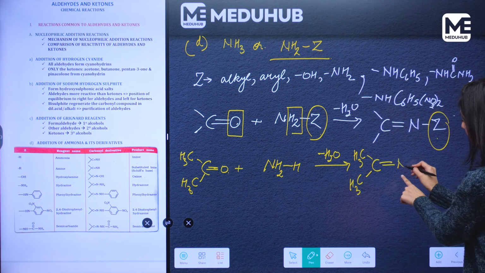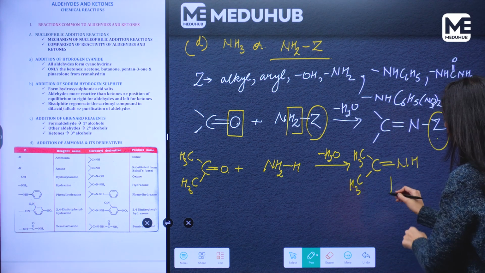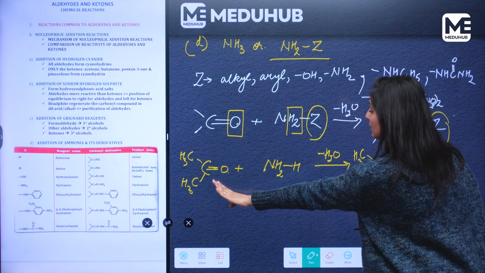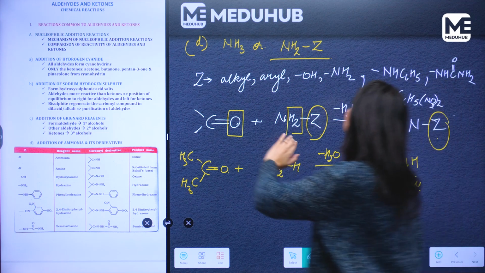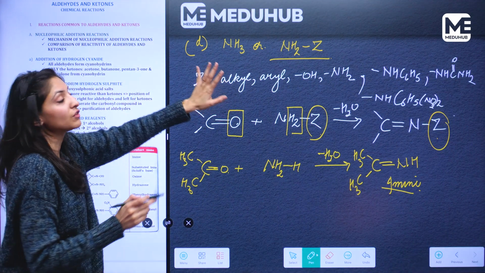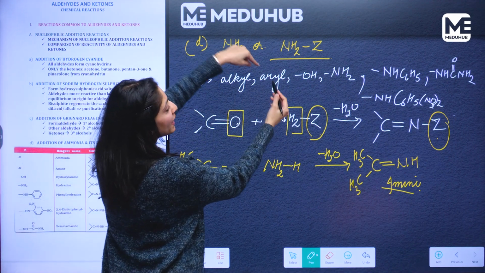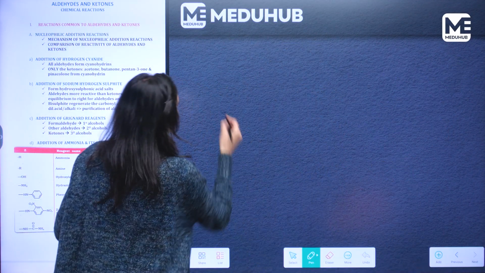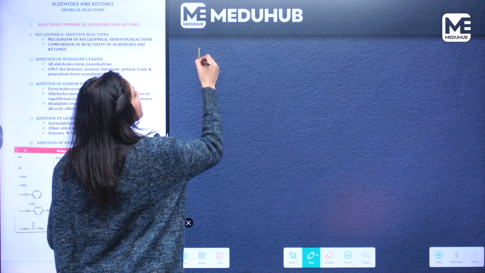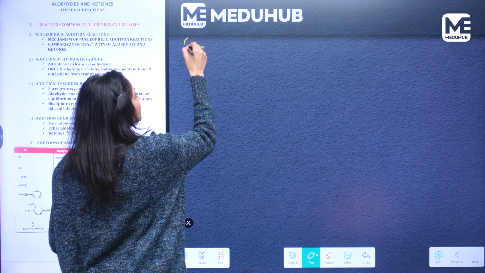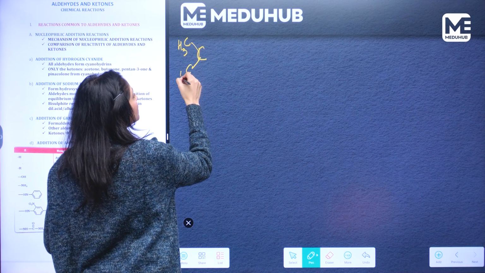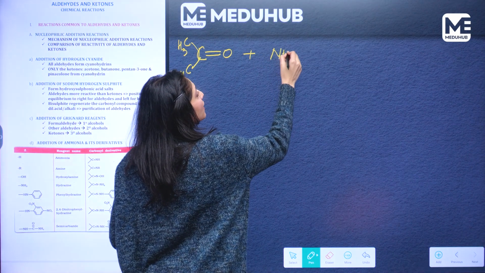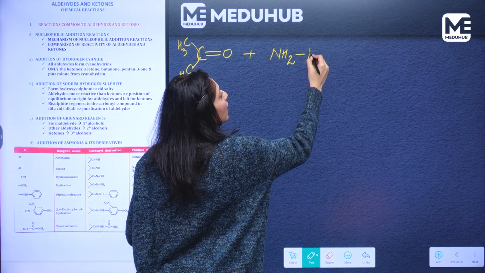Double bond NH. This is an imine. So ammonia on reaction with a carbonyl compound gives imine. Now let us see what happens if we use derivatives of ammonia. So if we have an alkyl group, aryl group, OH, NH2 and so on. We have a carbonyl compound. This reacts with NH2R.